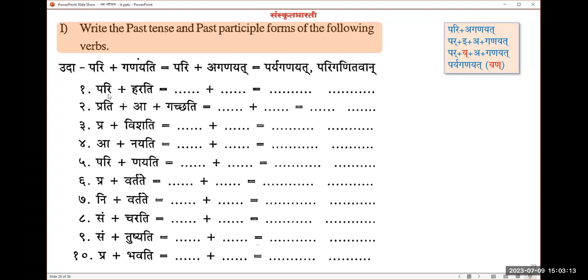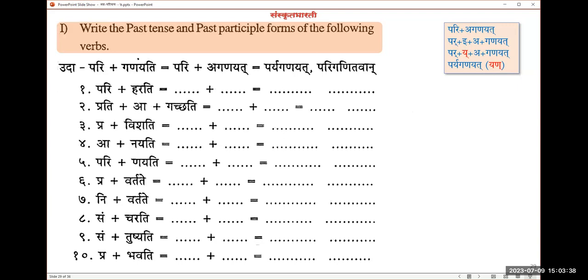Yes, sir. So first is pari plus harati. In the past tense, it becomes pari plus aharat. Well done. So it joins to become yan sandhi, pariyaharat. And the past participle form becomes pariharitavan.